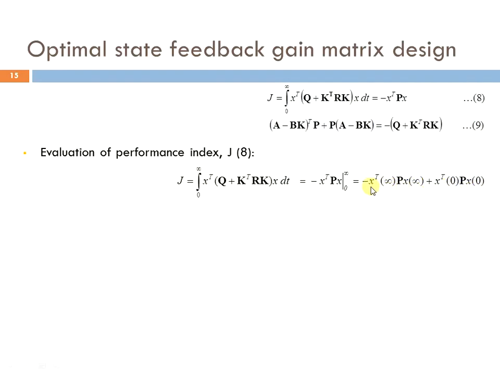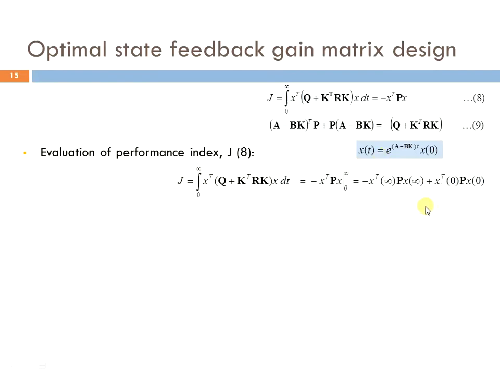The first term depends on the steady state value of the state vector and the positive definite matrix P. The second term depends on the initial value of the state vector and the positive definite symmetric matrix P. Now if we remember what the expression for the state vector is, we realize that it allows us to have an idea of what we are going to have in the steady state.